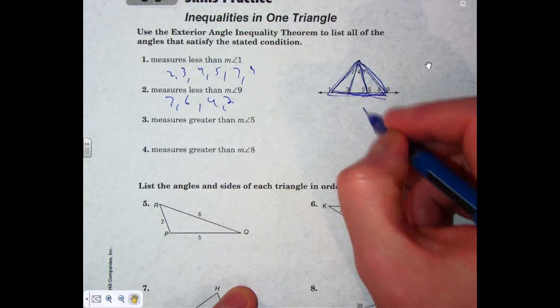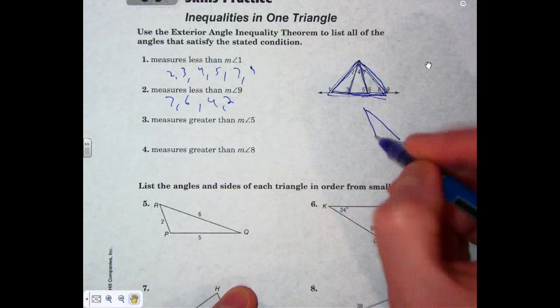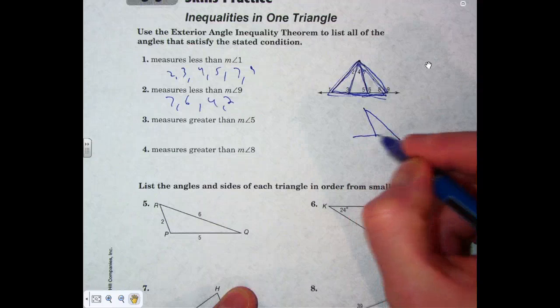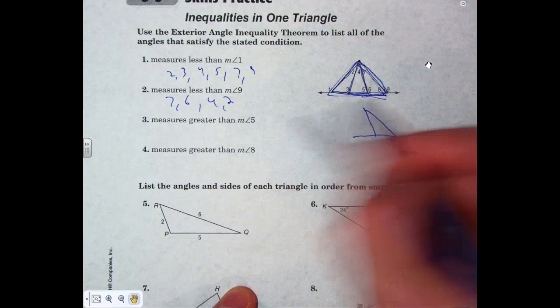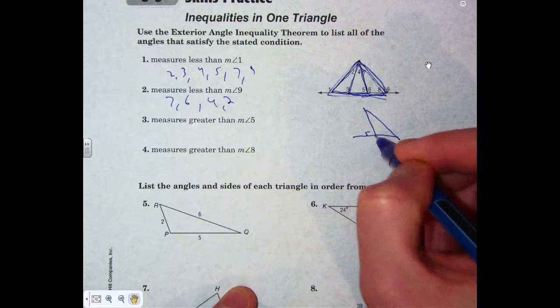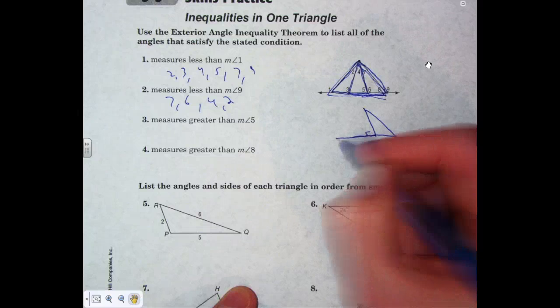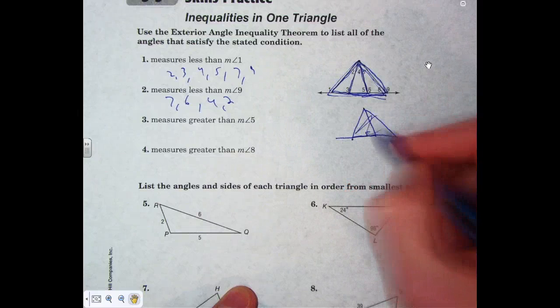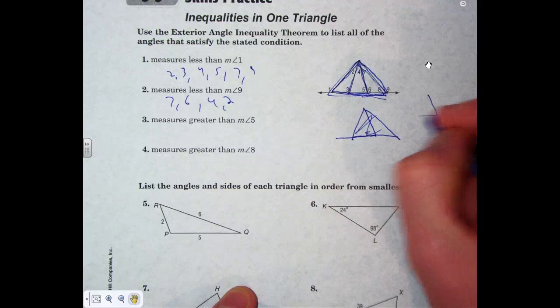So I'm going to draw 5 like we need to visualize it. It wants to know all the angles that are bigger than 5. Well, 5 is right here. Sorry, let me draw that over again. Here's angle 5 right here.